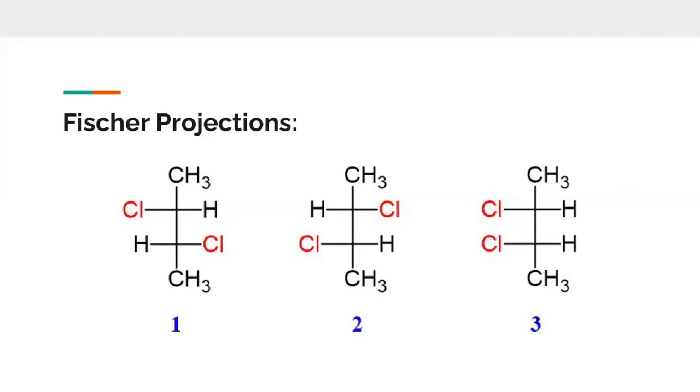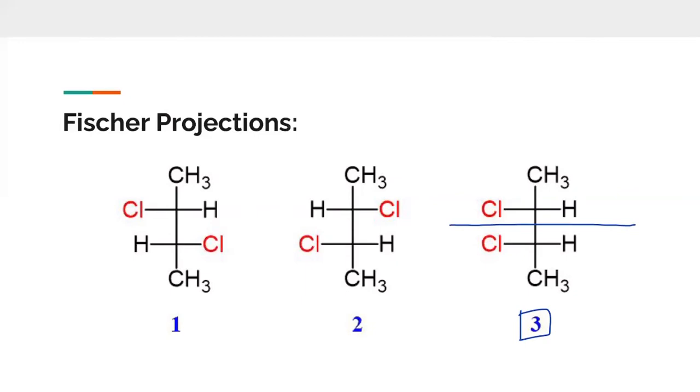But with Fischer projections, it's really easy to see if a compound has a plane of symmetry. I'll give you a moment to think about which of these compounds is a meso compound. You might already be thinking that it's number 3, because you can clearly see there's a line of symmetry right here, whereas the other two compounds do not have a line of symmetry.